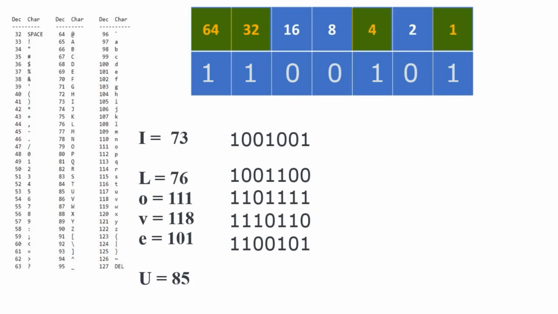So, 85 is equivalent to 64 plus 16 plus 4 and 1. So, that is 1010101. Correct? Yes, 1010101. Yan yung binary code ng 85.